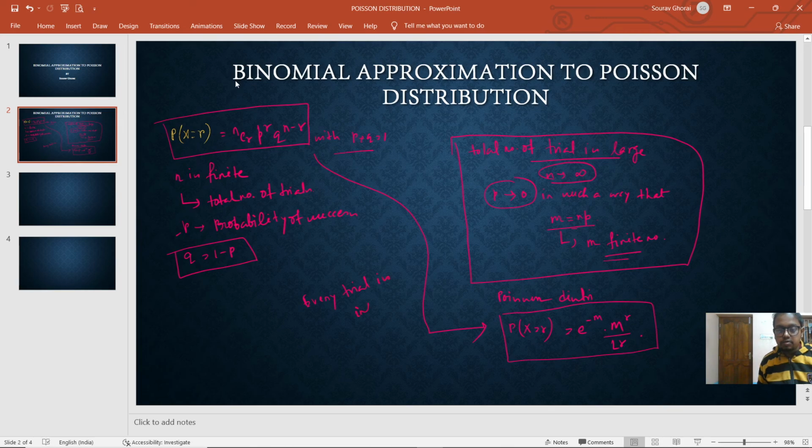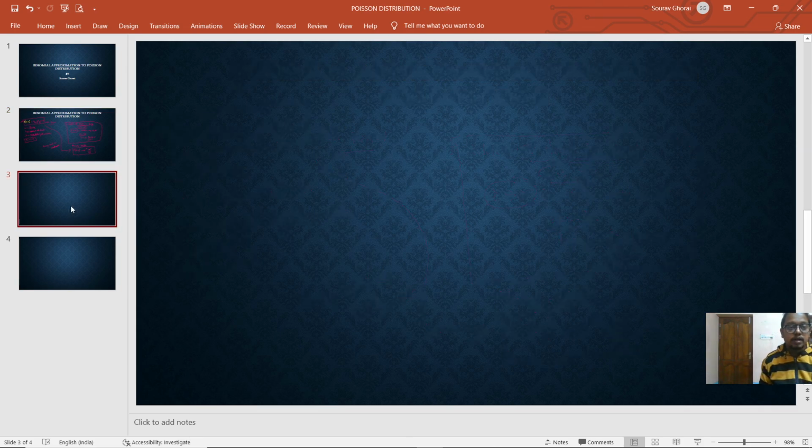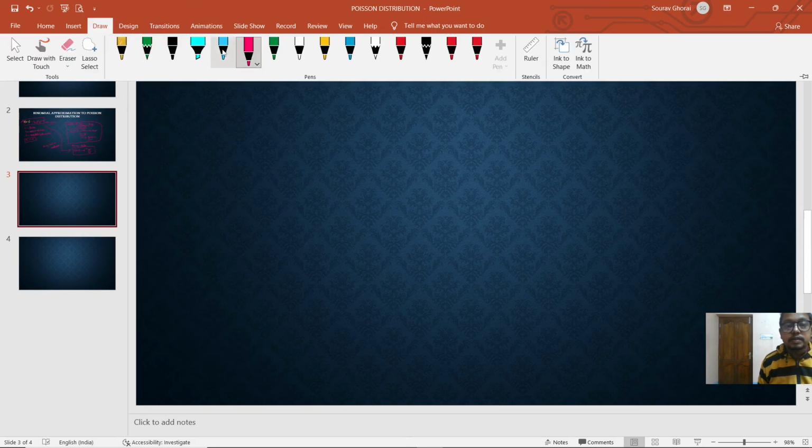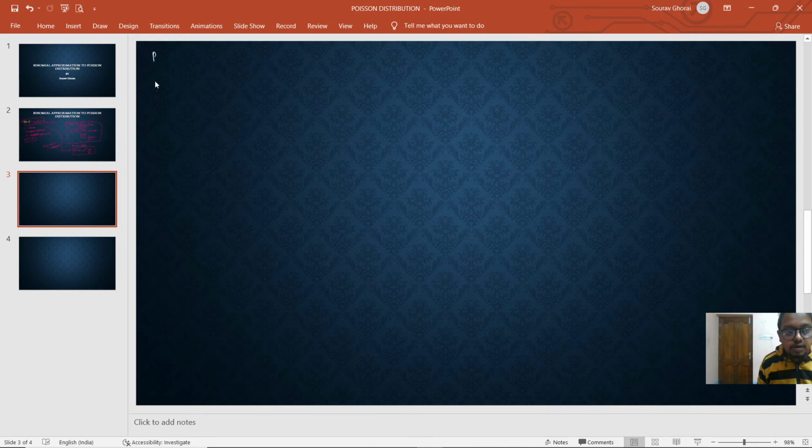And now I am going to show you how we can find the Poisson distribution function by using the binomial approximation. So see here in the new slide, suppose that for a point P(X = r) we can write nCr p to the power r q to the power n minus r.